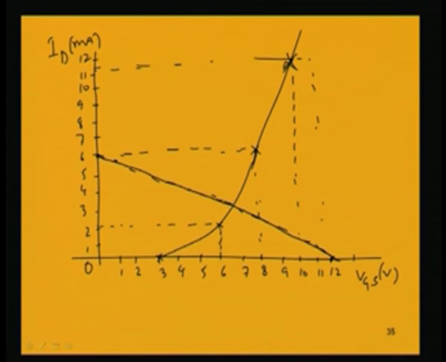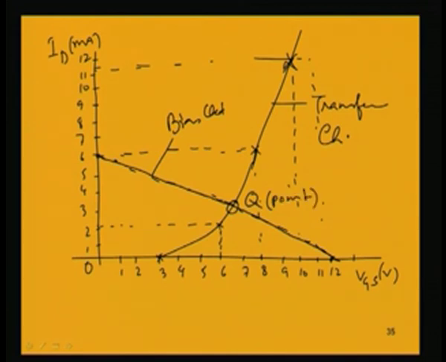So, the point where it is intersecting, this is for the bias circuit, this is the transfer characteristic. The point where these two intersect is the Q point, and if you draw to scale, this point will give the voltage and the current at this point.